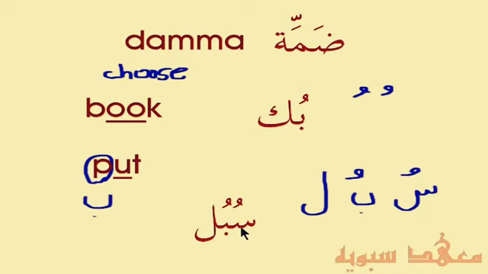Subul means paths, and that's the plural of the word sabil. Sabil is a path, and this is the plural, paths.